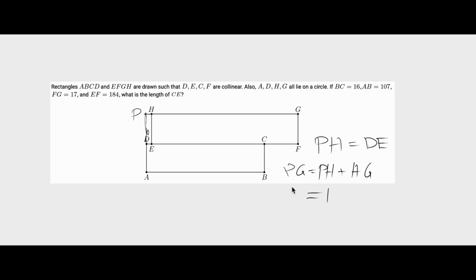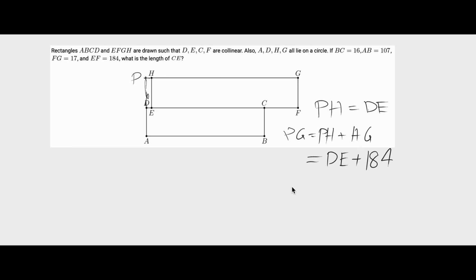So we can write this as DE plus 184. And if we look at the other side now, we can see that PD is the same as FG, so it's 17. And lastly, we have PA is equal to the sum of PD and DA, which are both given lengths in the problem. So that's equal to 16 plus 17, equal to 33.